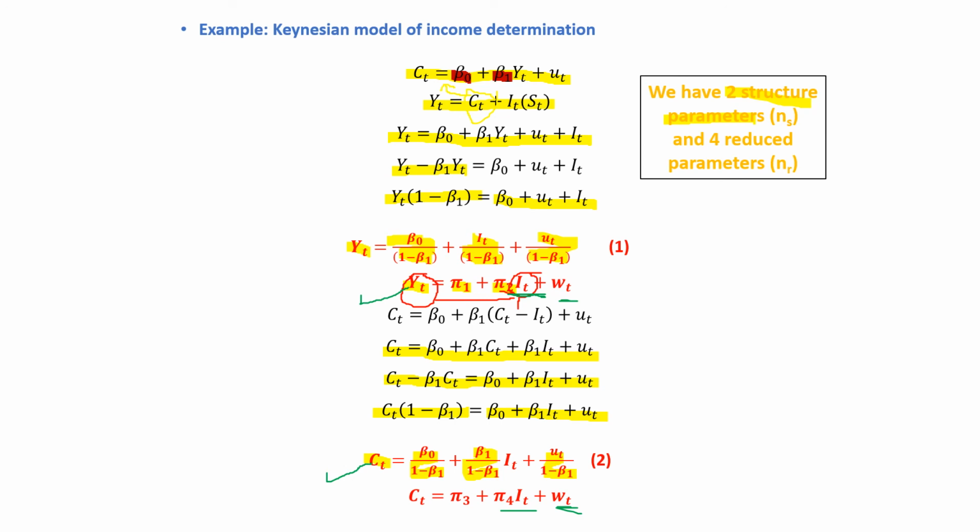So now we have, as we said, two structural parameters, which are beta naught and beta 1, and how many reduced form parameters do we have? We have pi 1, pi 2, pi 3, and pi 4. So we have transformed two structural equations with two structural parameters into two reduced form equations with four reduced parameters.